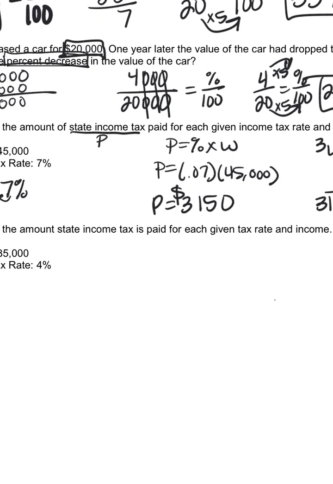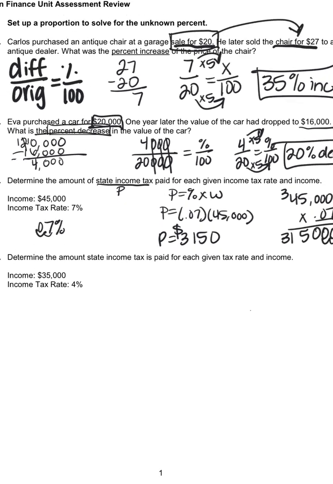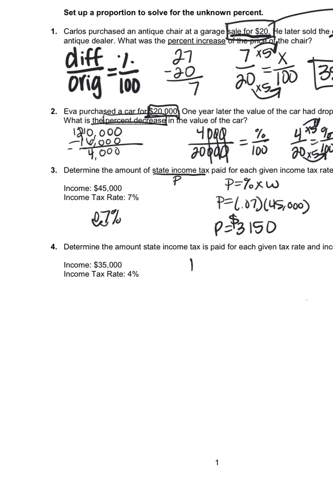On number 4, we are asked to do the exact same thing. So I'm going to have part is equal to percent times the whole. Turn 4% into a decimal. 1, 2.